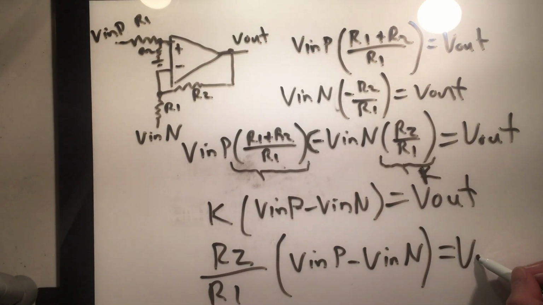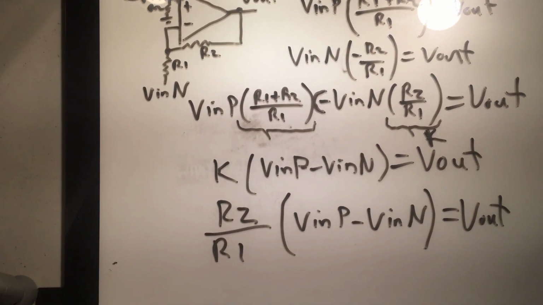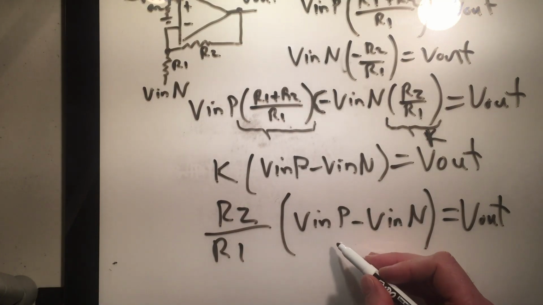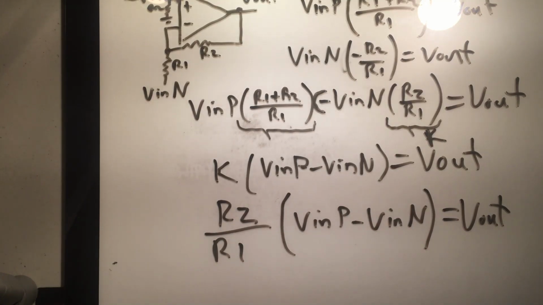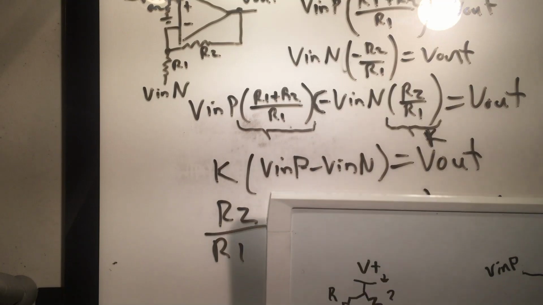That equals V out. And if you think back to the Wheatstone bridge, the nice thing about this is that we're only amplifying the difference between these two by this R2 divided by R1 coefficient. In other words, when we were thinking about our Wheatstone bridge, okay, here's our Wheatstone bridge again right here.